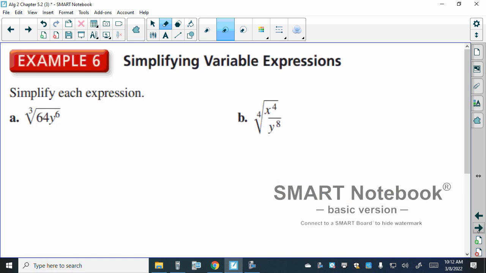So really all that's telling us is anytime we have an even root, we're technically supposed to put the absolute value bars around it, even if we're taking the nth root of x to the n. If that root is even, we need those absolute value bars. So if we look at the first one, the third root of 64y to the 6th, well, an odd root, so we don't need the absolute value bars. The third root of 64 is 4.